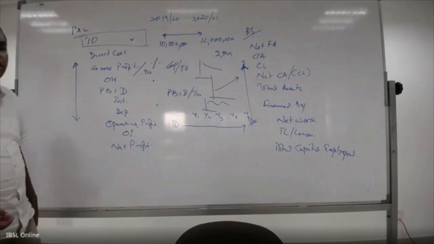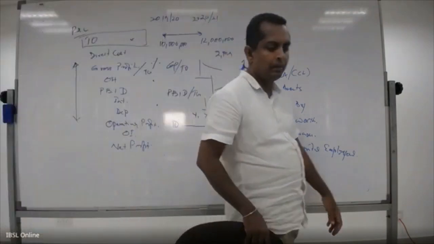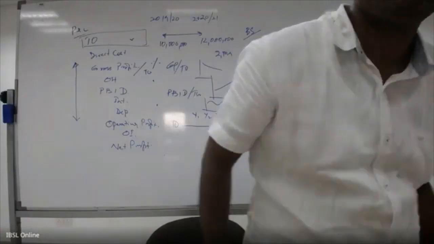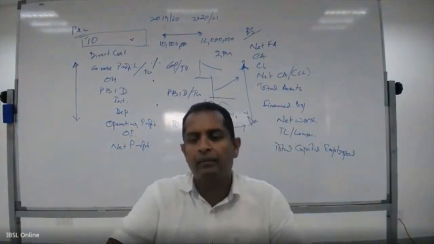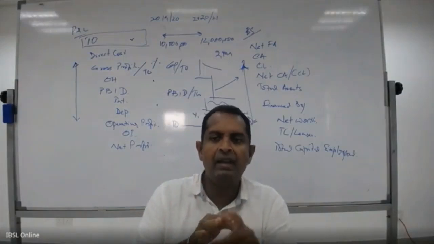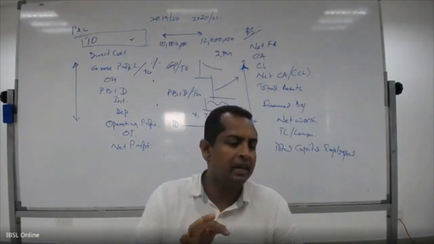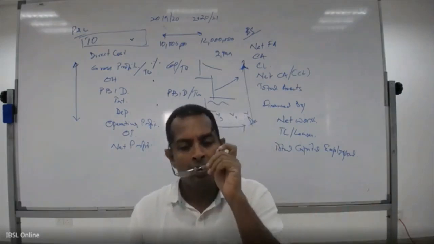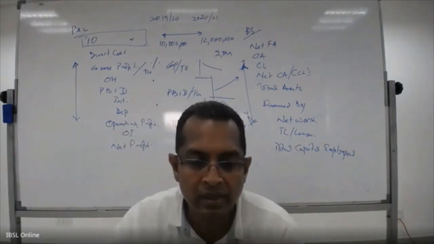So that is called common size financial statements. Right? These are the four types we have: horizontal analysis, vertical analysis, trend percentage analysis, and common size P&Ls and balance sheets. Right?